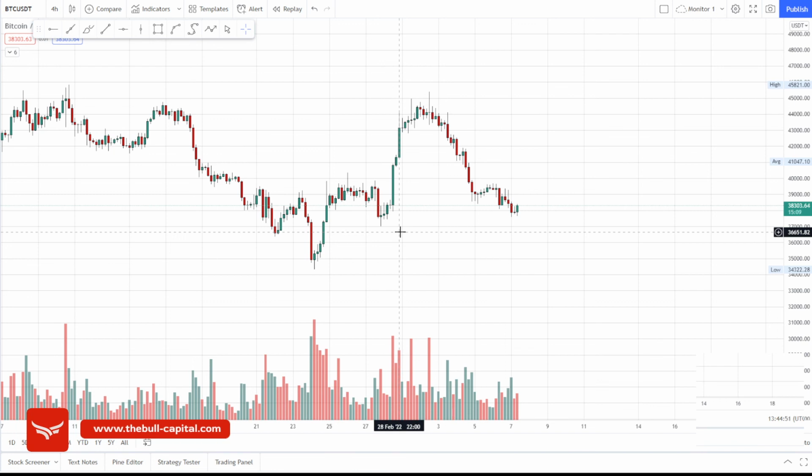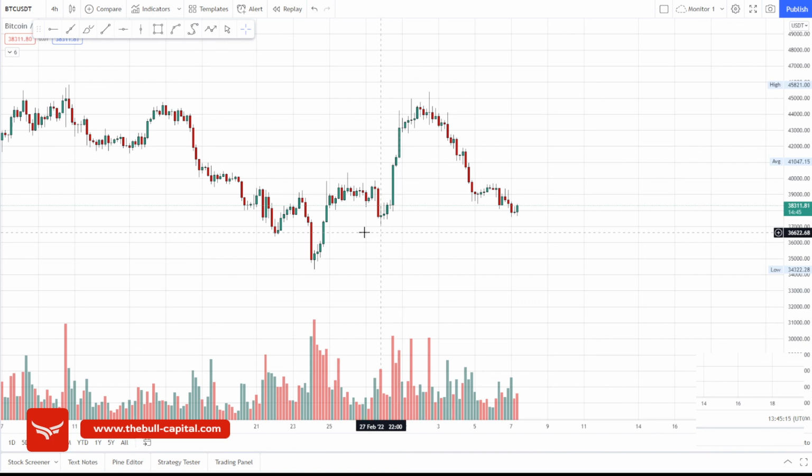Just try to exercise until you spot them very easily. And we're gonna talk in the next lesson about which one is stronger and which one is weaker, and also how to know if a level is still valid or not.